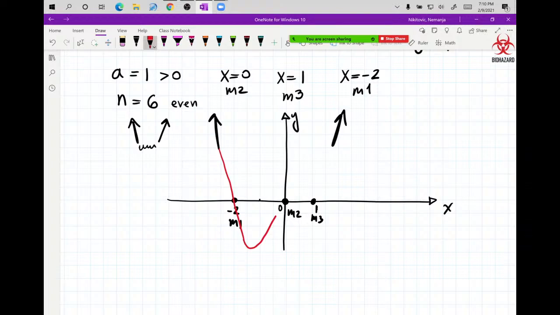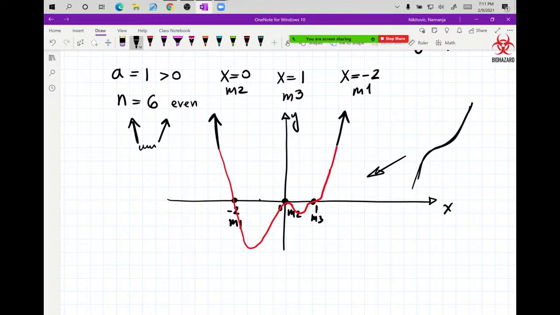M2, bounce off. M3, pass through. But you pass through as a cubic, which means it's a squiggle. There we go. And then connect up there. So this one over this pass through is like this.